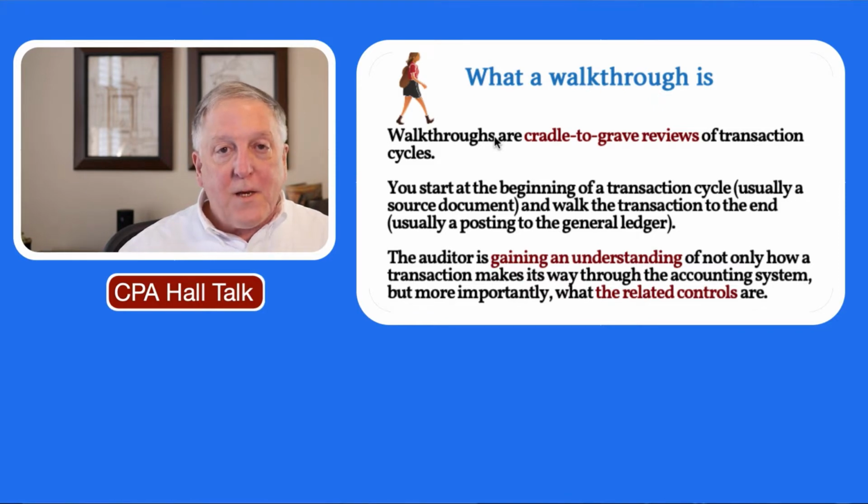Sometimes I see auditors document, say, the check number or other various and sundry information, but they're not really defining what the internal controls are. If you don't document what the internal controls are, then you really haven't done very much.